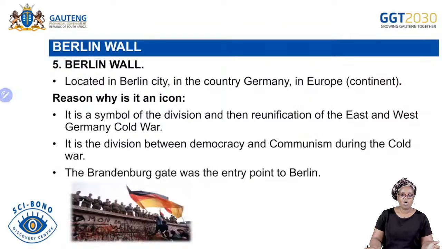Where is the Berlin Wall located? It is located in Berlin City, and the country is Germany. And Europe is the continent. So that's where you find the Berlin Wall.